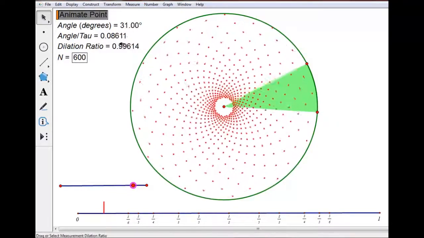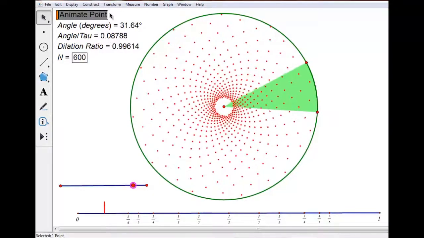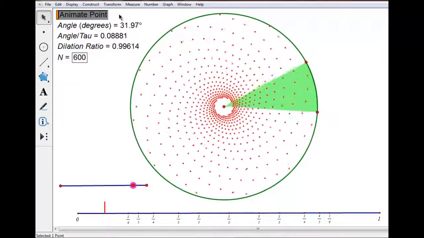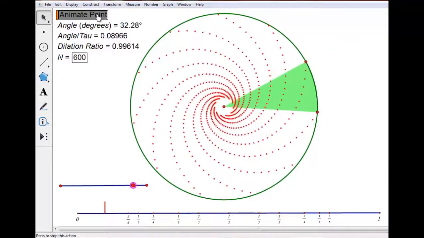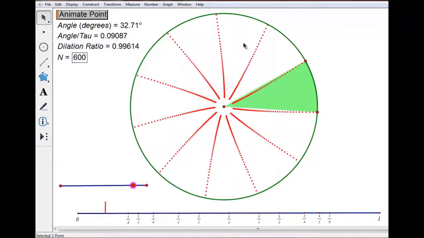Three 35ths, 2 23rds, 3 34ths, 1 11th. Let's pause to make sure I'm really at exactly 1 11th. I'll count them. 1, 2, 3, 4, 5, 6, 7, 8, 9, 10, 11. So this point here on the number line is at exactly 1 11th.